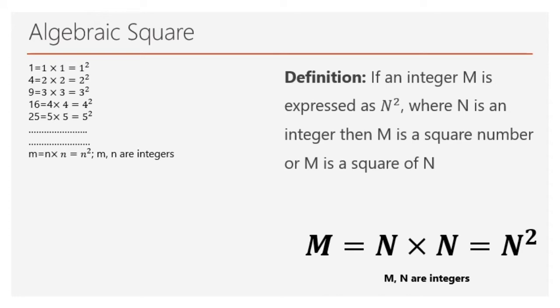Here, 1 square is equal to 1, 2 square is equal to 4, 3 square is equal to 9, 4 square is equal to 16, 5 square is equal to 25.